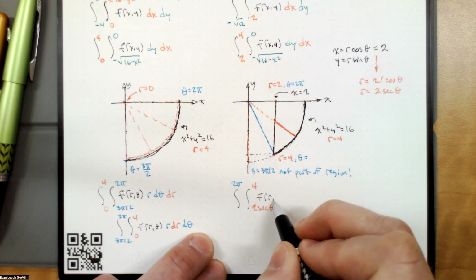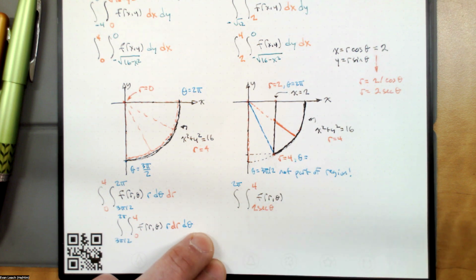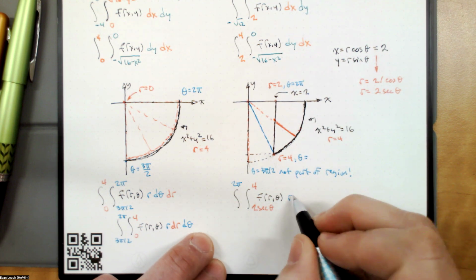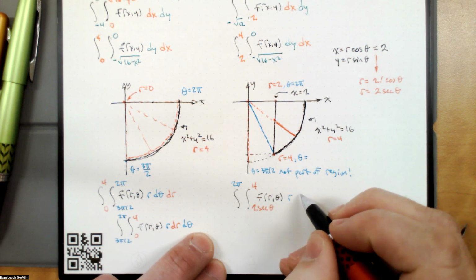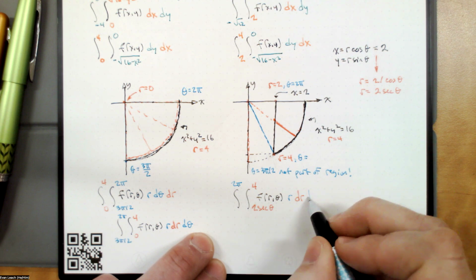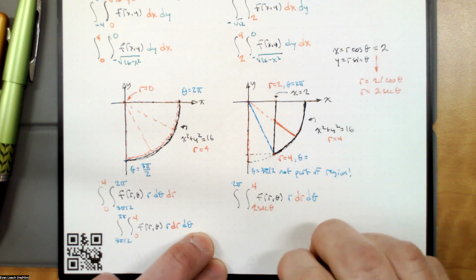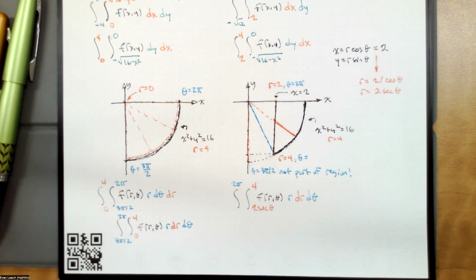I'll have to write my function in terms of r and theta. I will need a factor of r to make the d theta into a length. We do have to figure out what that theta is equal to.